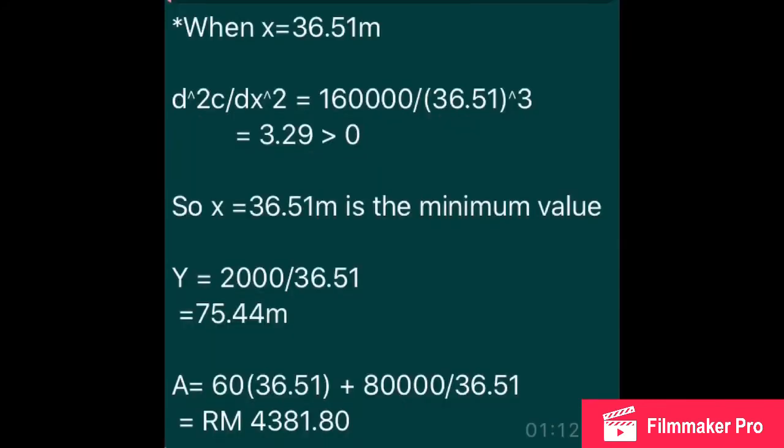The last step is when x equals 36.51 meter. We put it in the second derivative that we just got. d to the power of 2 C divided by dx to the power of 2 equals 160,000 divided by 36.51 to the power of 3, and the answer is 33.29.